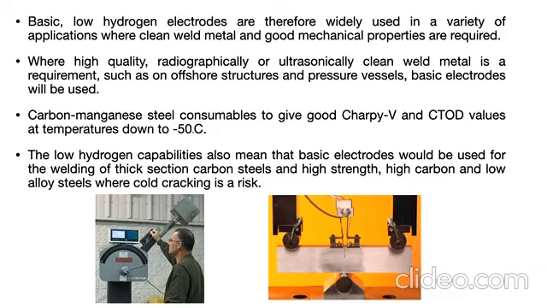Now, whenever a material is taken to a high temperature, the chemical reactivity of that particular metal increases. When a material is taken to high temperature, the solubility of hydrogen for that metal will be very high. The thing is that when the welding is over, this material is suddenly brought back to a lower temperature.